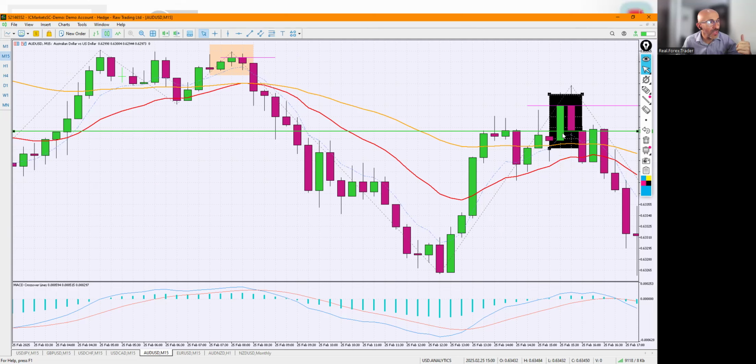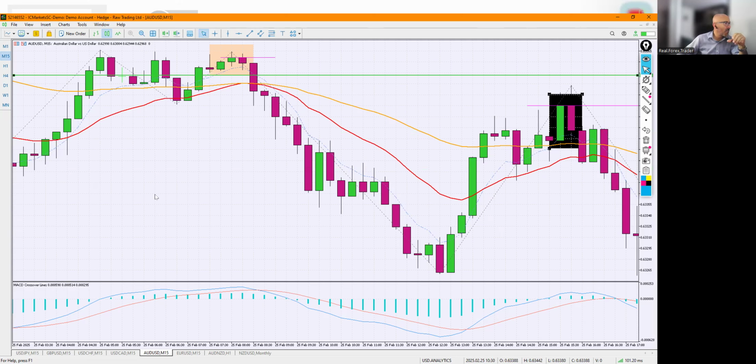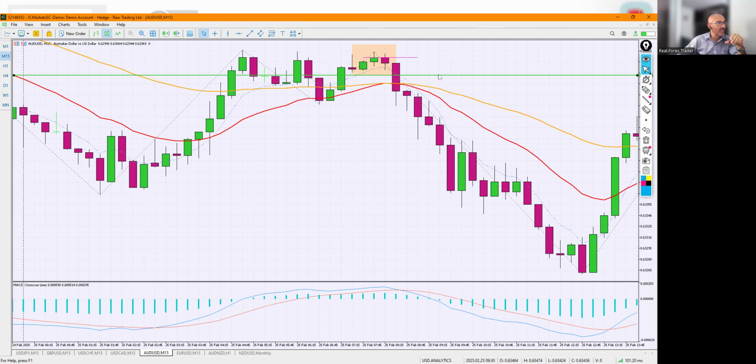It closed in between, around 70-80% of the body of the bull candle. Personally, I do not like to trade these kind of tweezer tops, right? Because the ideal thing is to wait for the confirmation, right? And somehow there is a larger room for the stop loss. So for me, it's more valid this one here, right?